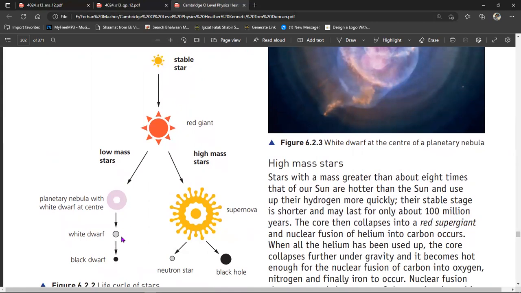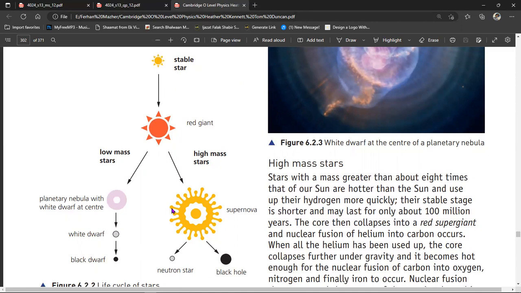Then it will convert into a white dwarf, and then it will convert into a black dwarf. If the mass of the star is high, the stable star will convert into a red giant, then it will become a supernova, and then a neutron star, or it can be a black hole.